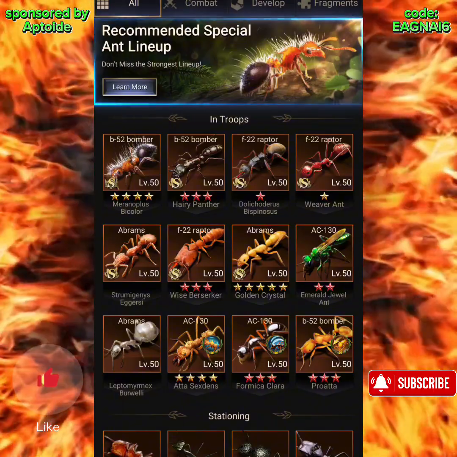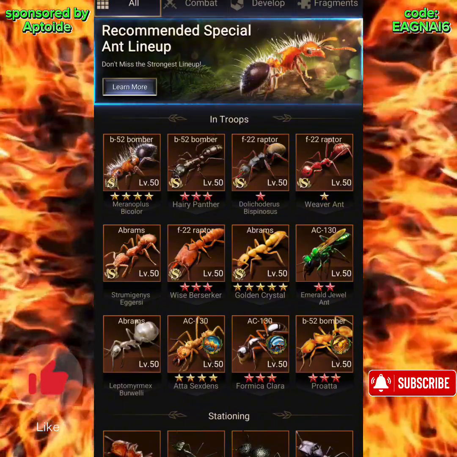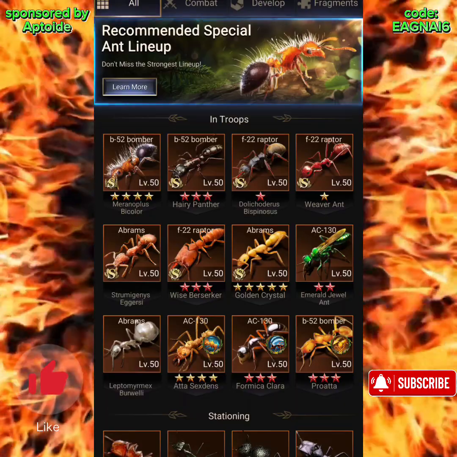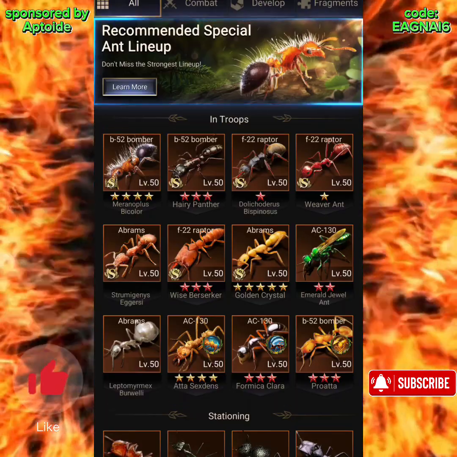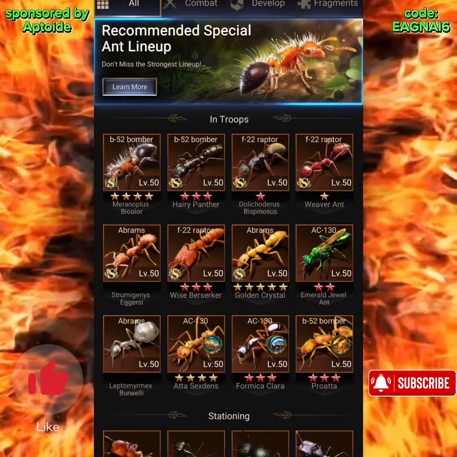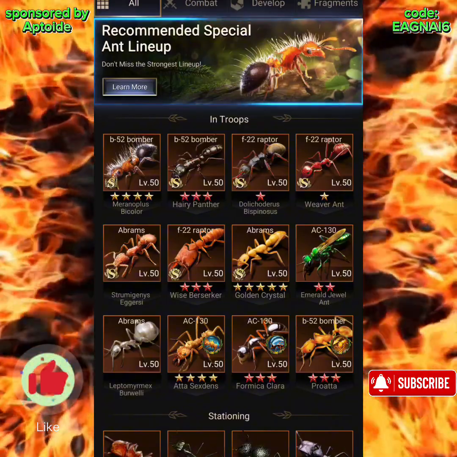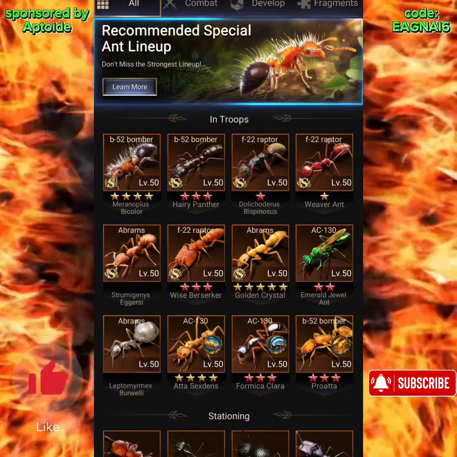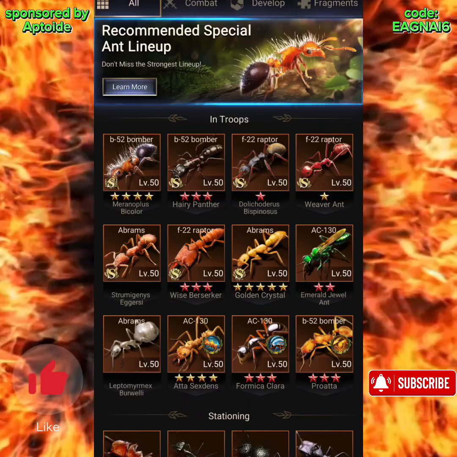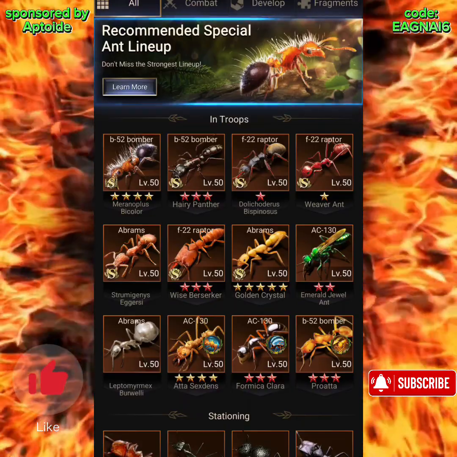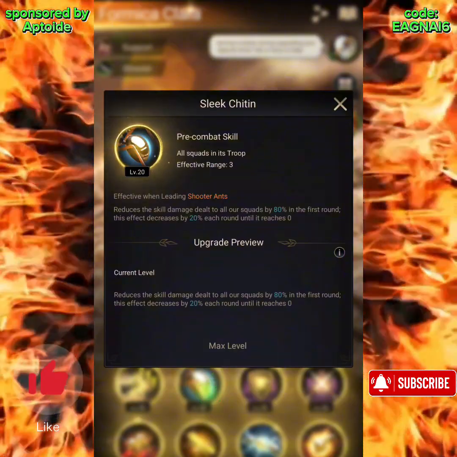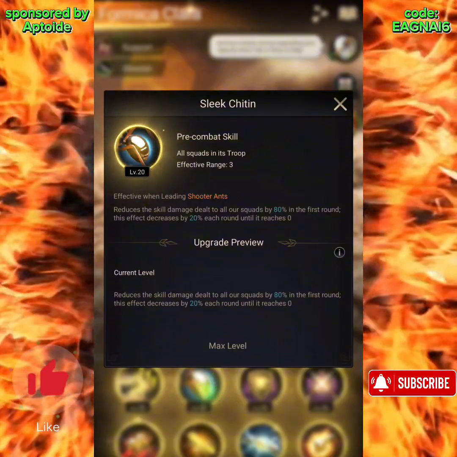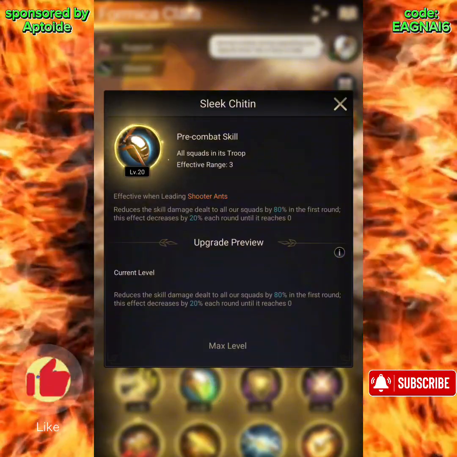I'm going to have Ada, but I'm still going to need another support ant, a survivability ant really, to go into my line 2, to allow the strongest ant I have at the time to make the most DPS. So that's why for mine, I have my Clara, which has various different support skills and survivability skills.